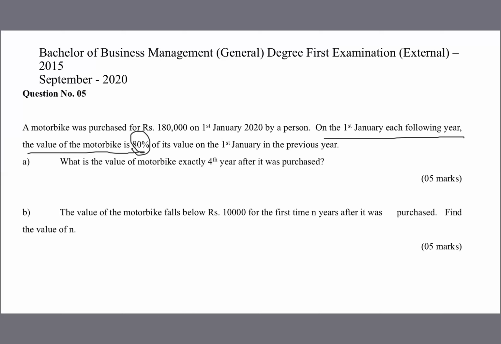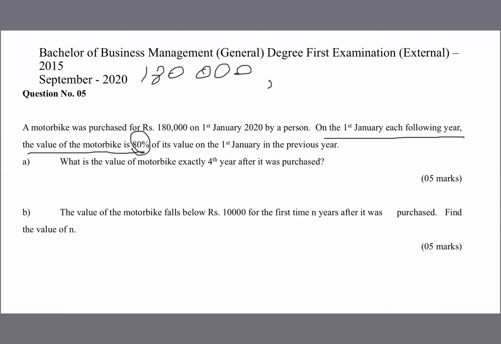But what type of series is in there? Because you can see, no, it becomes 80%. That means 20% reduces from the starting point, right? From the 1st of January. That means when you start, it starts with 180,000, right?